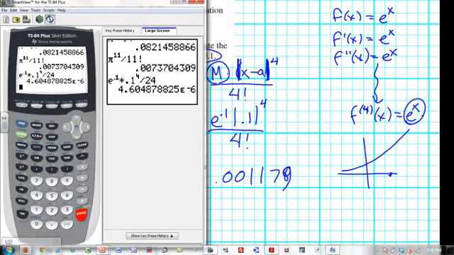Now, again, my question is, does reality match this error? Let's find out.